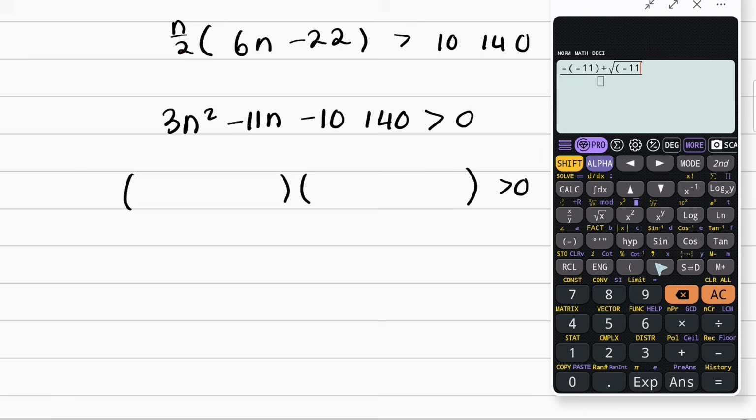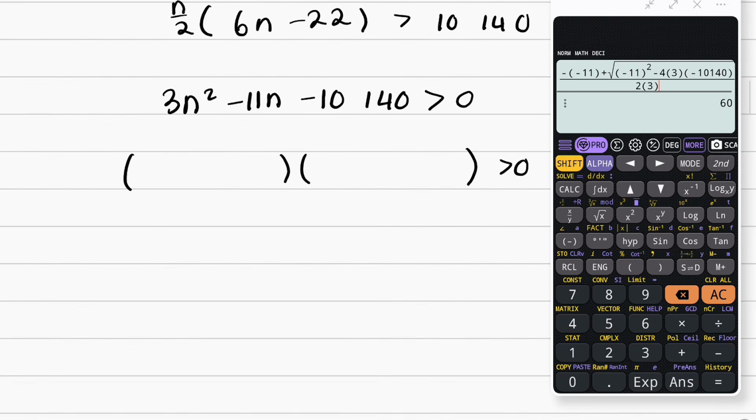So that's negative 11 squared. We could have just said 11 squared. Minus 4 times a, which is 3, and then c, which is negative 10,140. And this goes all over 2a, which is 3 times 2. Okay, so do you see that one of the solutions is 60. So n is equal to 60.